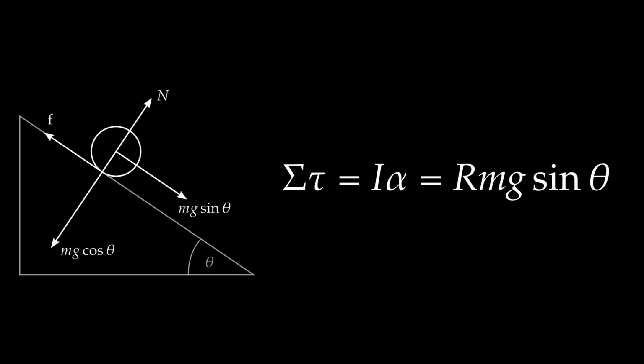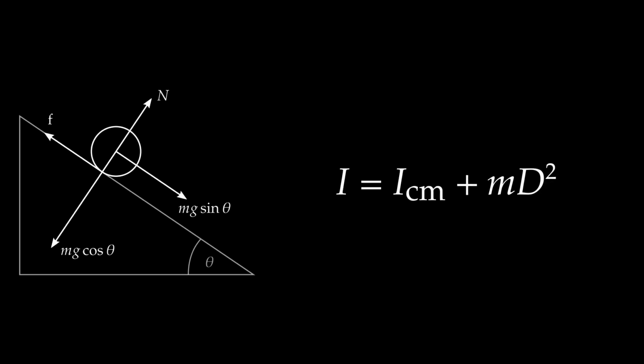It's not 2/5 mr squared, because 2/5 mr squared is the moment of inertia of a sphere about its center of mass axis, and that is not the axis that I have chosen. What shall I do? That's right, the parallel axis theorem.